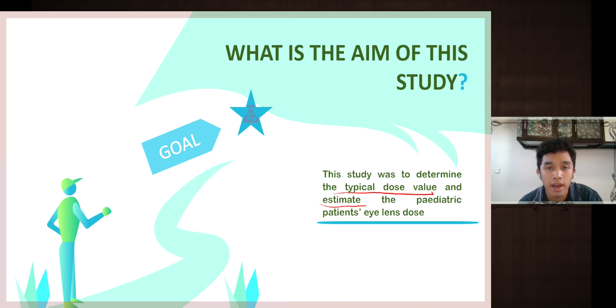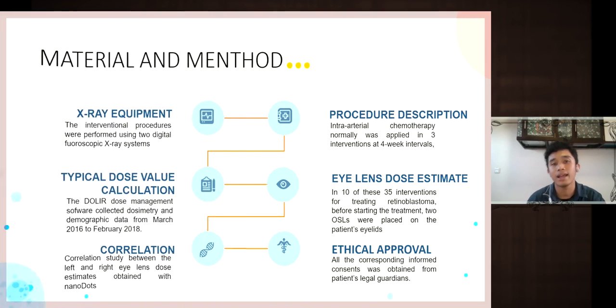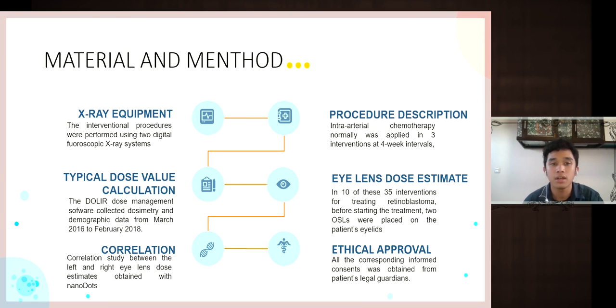Next, we have material and method. The first one is X-ray equipment. The interventional procedures were performed using two digital fluoroscopic X-ray systems. The first one is called Philips Allura FD20 monoplane system and the second one is called Philips Allura Clarity FD20 biplane system.